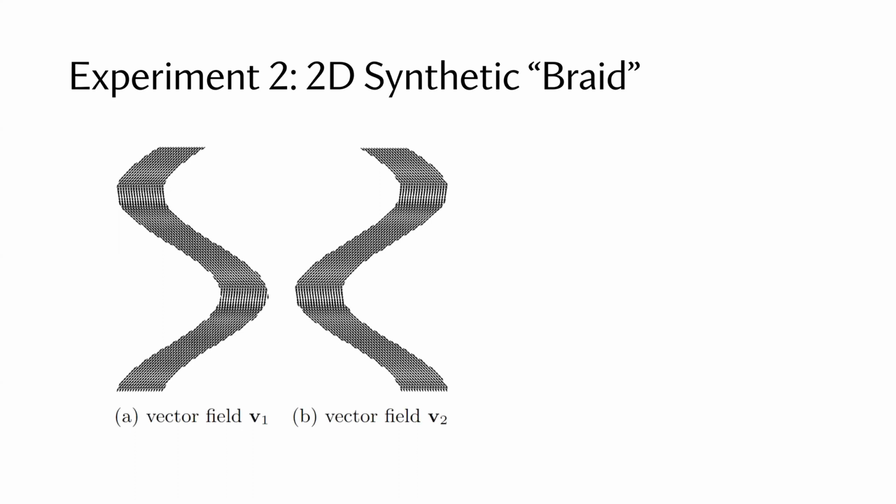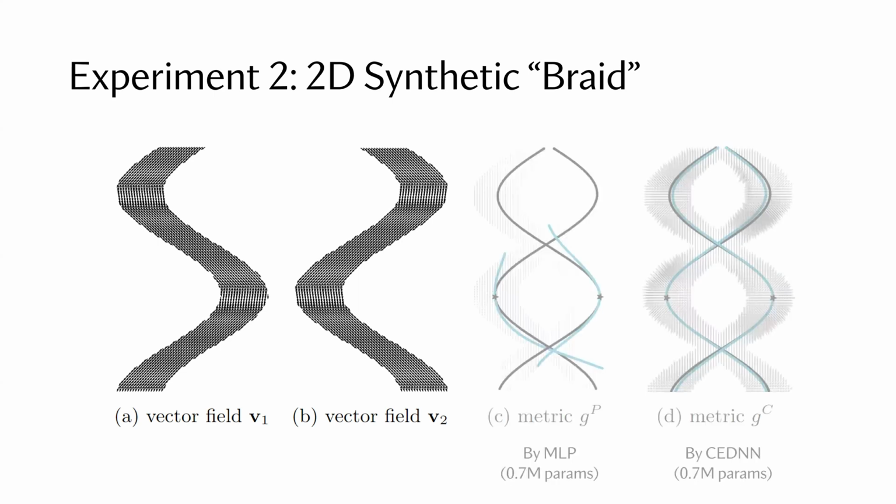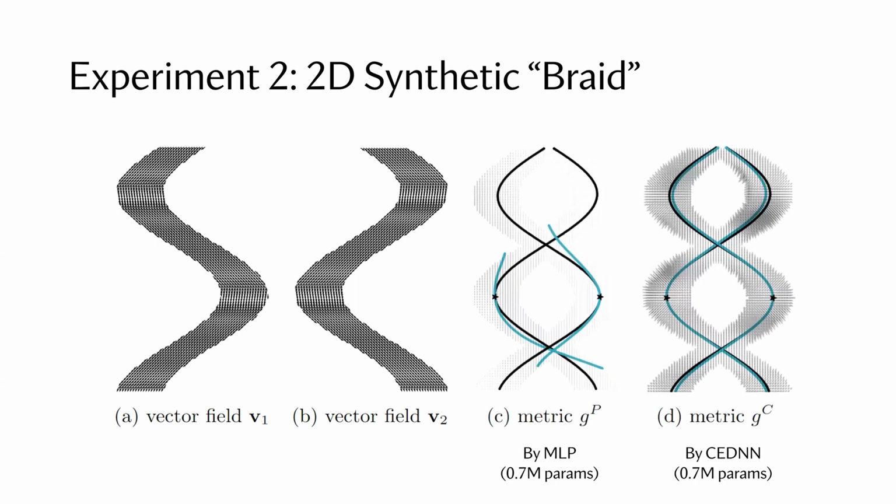To test the ability of characterizing crossing fibers, we synthesized two vector fields in a braid pattern of two intertwining pathways. The metric fields GP and GC, estimated by MLP and CEDNN, are shown on the right-hand side. Both the baseline MLP and the CEDNN use around 0.7 million parameters.